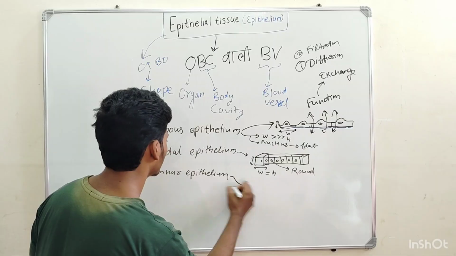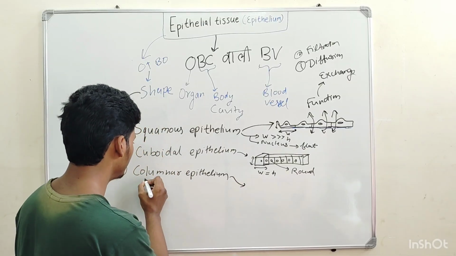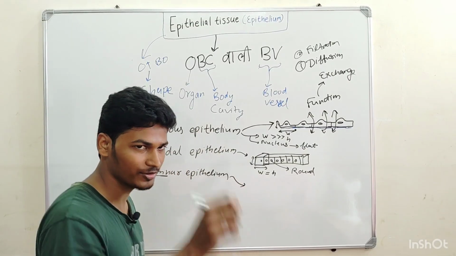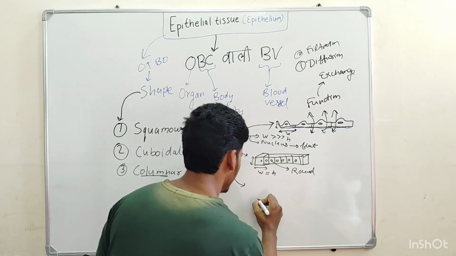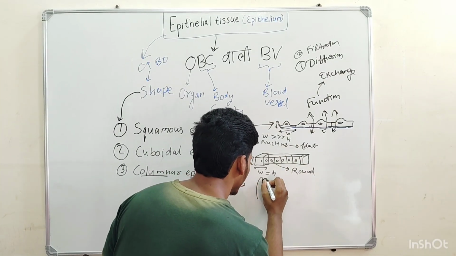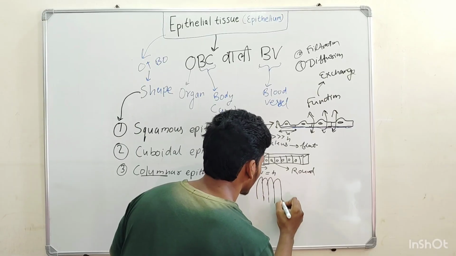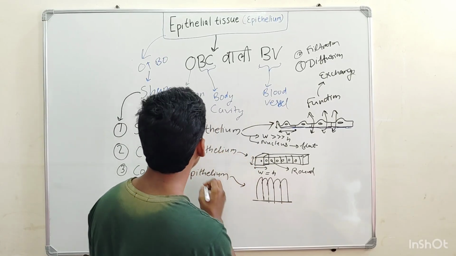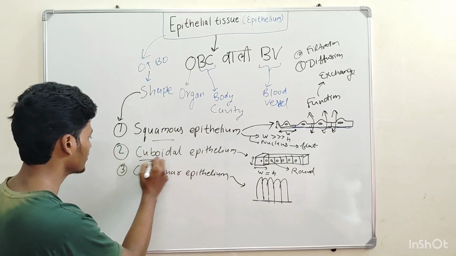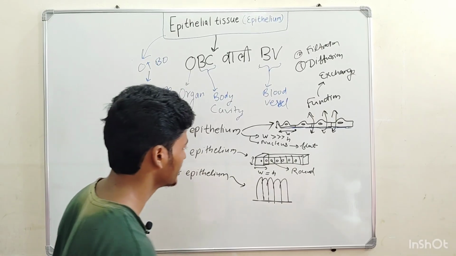Another one is columnar epithelium. As the name suggests, column, it's like a column. A column has very long height, and it also lies on the basement membrane. Squamous, cuboidal and columnar epithelium all lie on the basement membrane.